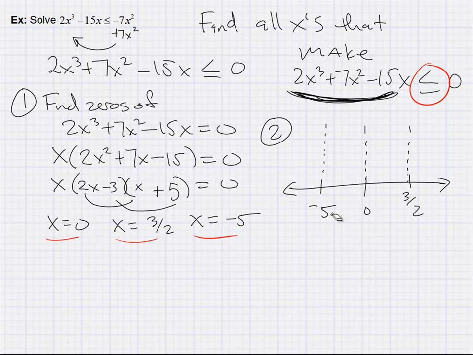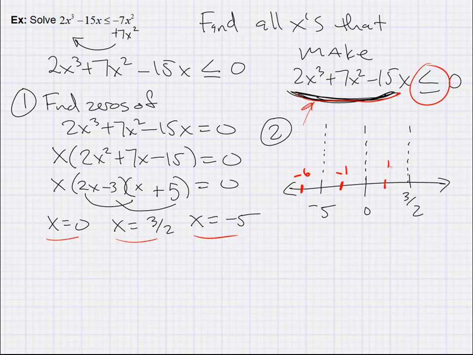So what I'm going to do, and there's 2 ways to do this. One thing I can do is I can take some number from this interval, negative 6. I can plug it in to the inequality and see whether it makes this polynomial positive or negative. Then I'm going to take another number, negative 1, from this interval, plug it in, see if it makes the polynomial positive or negative.